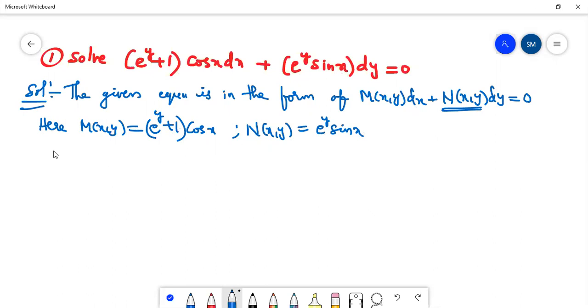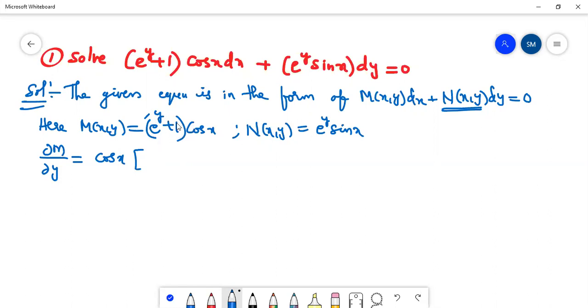For that, we differentiate the M function with respect to y variable, that is dou M by dou y. Here cos x is a constant. Why? Because we are differentiating partially with respect to y, and cos x is a function of x, so it is treated as a constant.